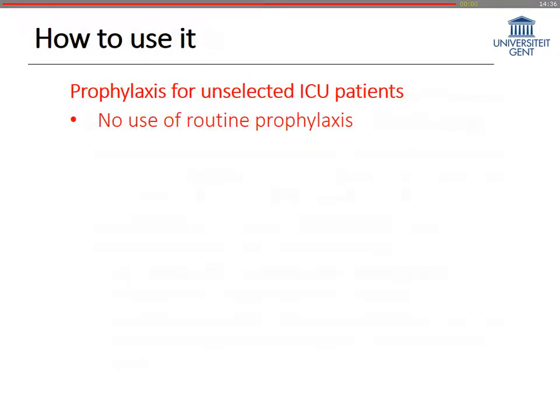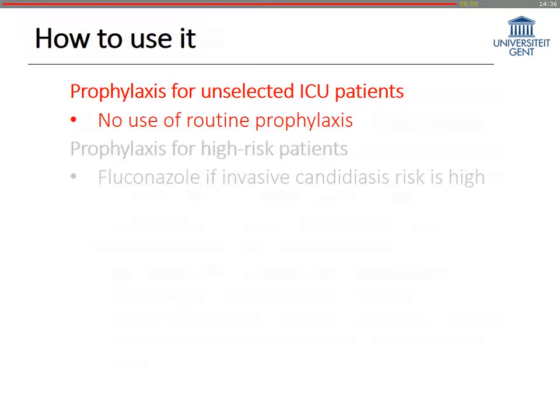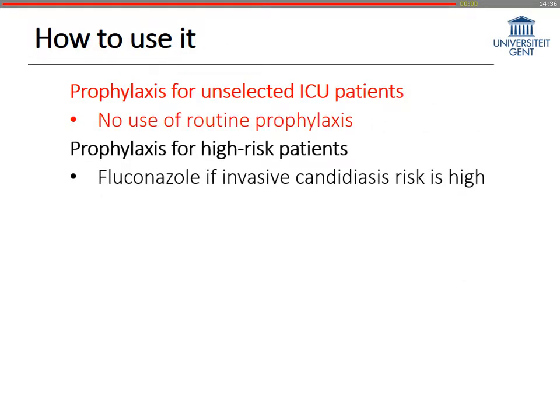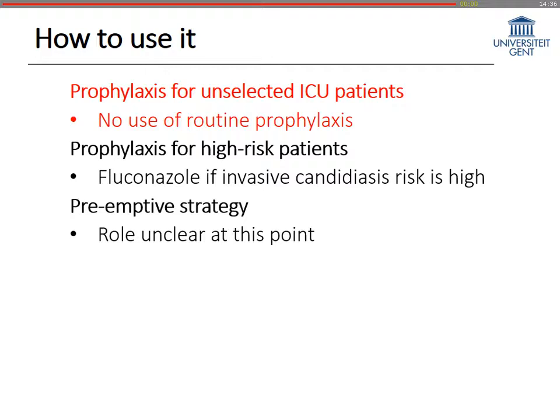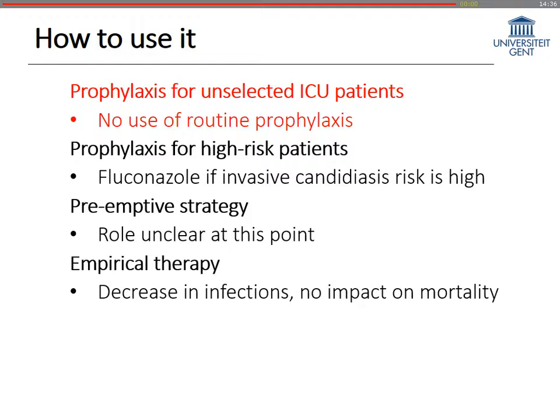So how to use it? What would be my take on this? In unselected ICU patients, I think there's no use of routine prophylaxis. In high-risk patients, yes, fluconazole, but it should be a very high baseline risk, and we've been unable to identify these patients. A preemptive strategy based on, for instance, beta-D-glucan, I think it's an interesting approach, but so far the data are lacking.